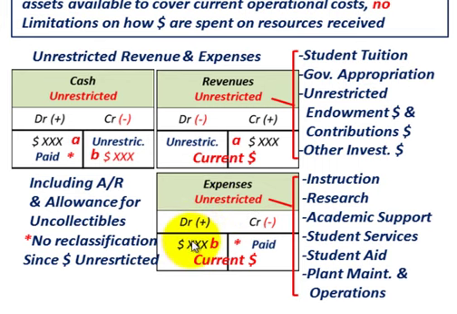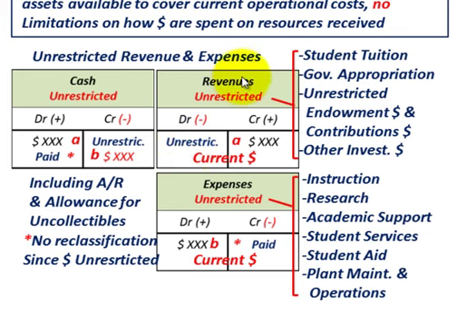And again, these are just straightforward entries. There are no restrictions on those funds received, so we can pay our expenses out of the unrestricted revenues in unrestricted cash. And the point is, there's no reclassification since those dollars were unrestricted. We don't have to reclassify them from restricted dollars to unrestricted dollars.